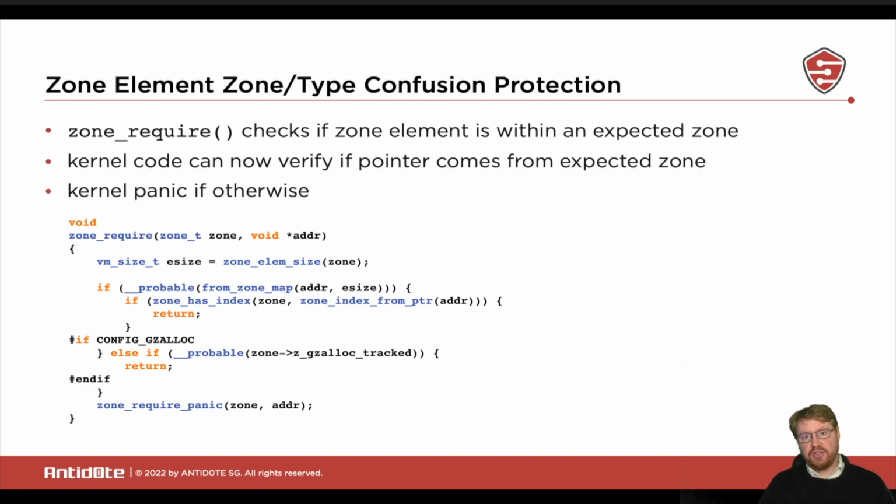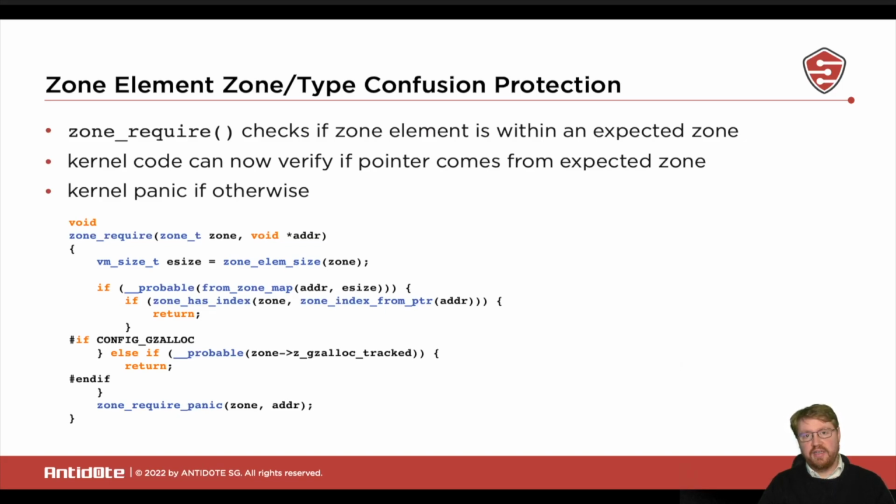And then the function simply compares if the required zone is exactly the one that this element comes from. And if it's not the case, it will immediately kernel panic. So this basically allows the code to always require that certain data elements are from the right zone they're supposed to be in. Otherwise, they will always kernel panic.